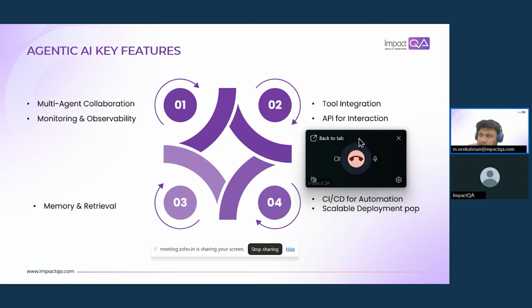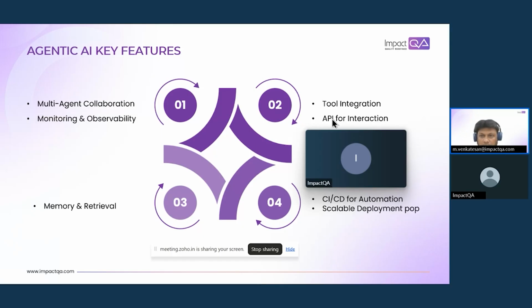Say, for example, you have created your own agentic AI methodologies, and your client comes with his own agentic AI methodology. You can integrate both of these agentic AIs together through MCP, the Model Context Protocol architecture. So this integration is quite possible.